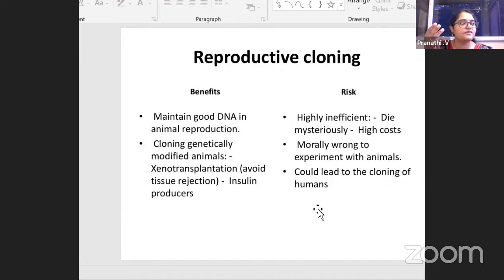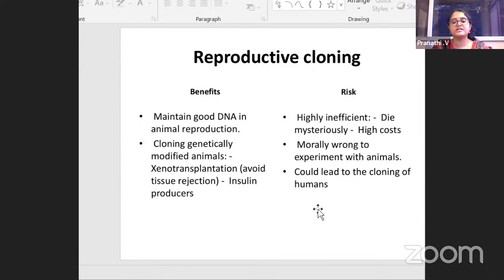Or in the case of livestock, if you want a better quality of meat from a particular animal, you create a clone of that animal, and you will get the same quality of meat in the clone also. So it maintains the good DNA. Cloning genetically modified animals can also help us avoid transplantation rejection reactions, for example in xenotransplantation, and you can also produce insulin.